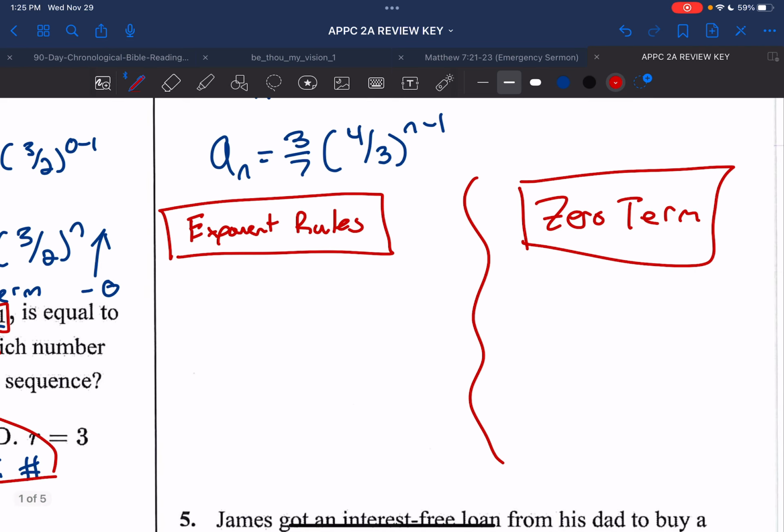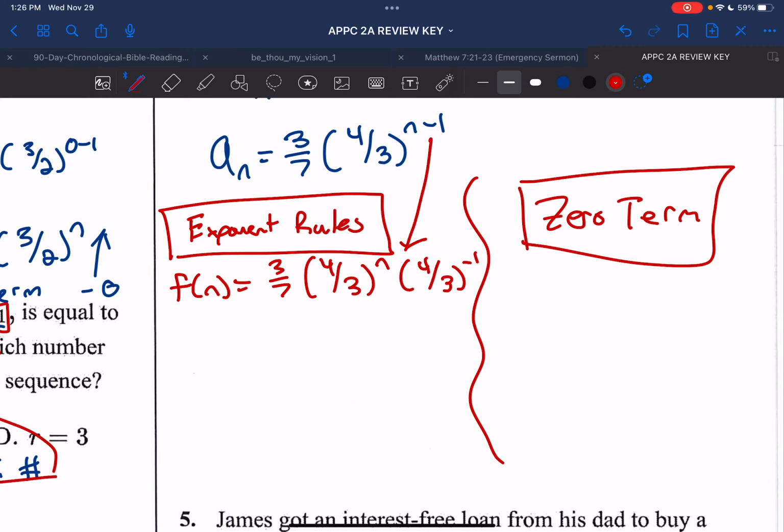So breaking this apart with exponent rules, if I want to write it in function notation, let's go ahead and get used to that. Function notation is 3/7 times 4/3 to the n, times 4/3 to the -1. I'm just breaking apart this with exponent rules. When I have addition or subtraction in the exponent, I can break it into multiplication and then multiply the highlighted terms together in my calculator.